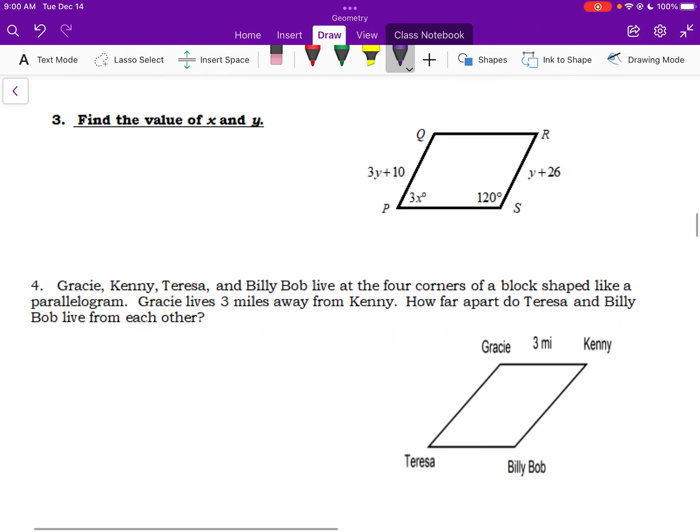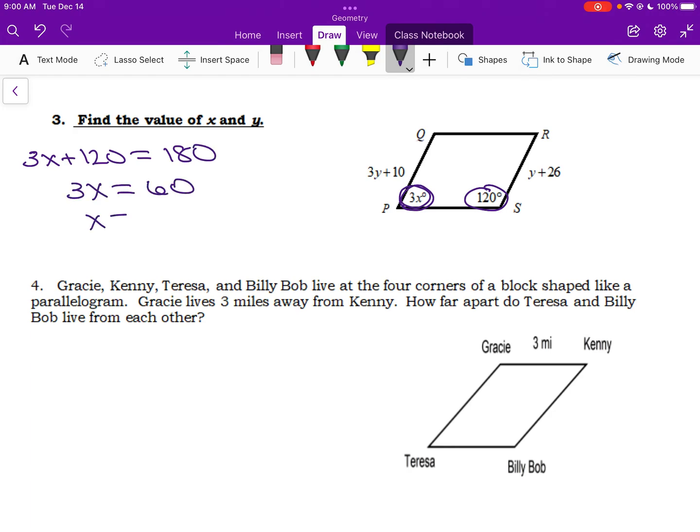Okay, next we're finding the values of x and y here, and we are introducing some algebra. If we're looking for x, let's see what we can relate x to. Since it's in the vicinity of angles, it can be related to 120. And we know those are consecutive, so they have to be supplementary, meaning 3x plus 120 has to equal 180. So if I solve, subtract 120 from both sides to get 60, divide both sides by 3, I get x equals 20.